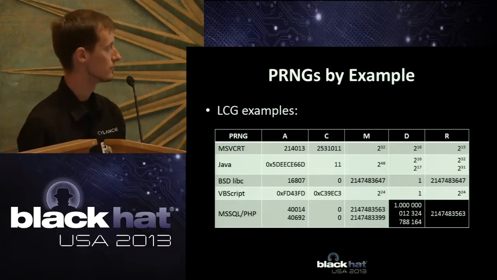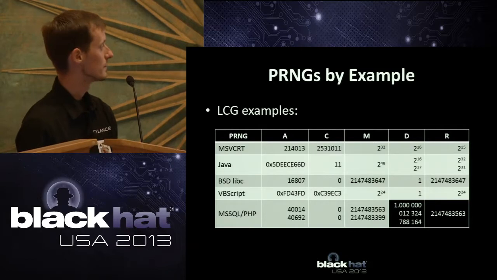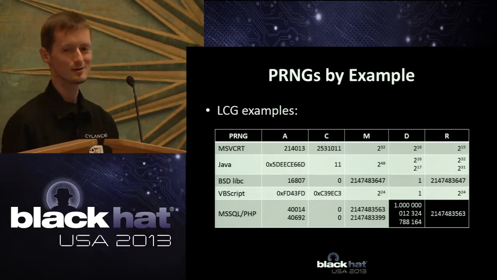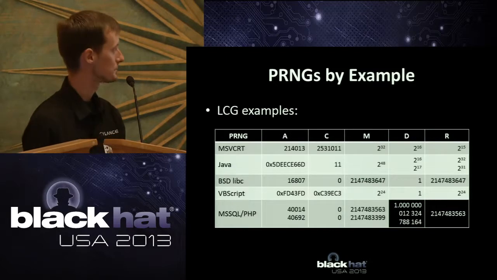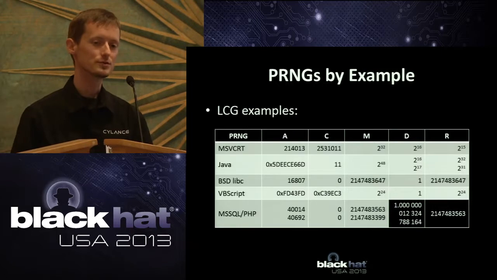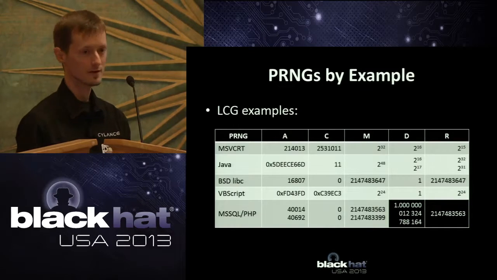So here's a table of the PRNGs we examined, and they each kind of have something a little bit instructive. The MSVCRT, it's just kind of a good standard PRNG to cut your teeth on. Java is interesting because it maintains a 48-bit state, which is starting to get into that realm of impractical or not really feasible to brute force.